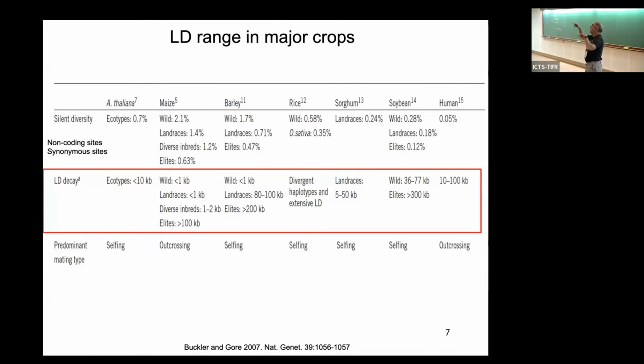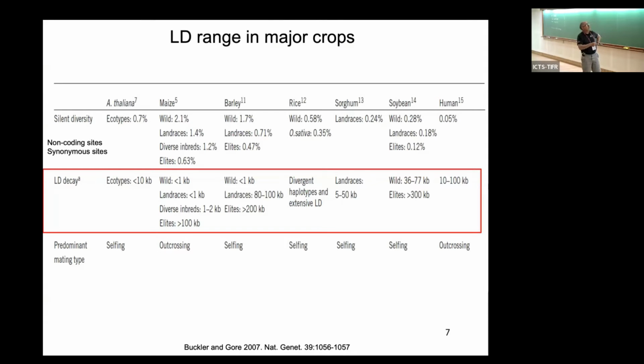Remember, 1 minus C to the T. If that T is short, then I have longer blocks of LD because I haven't had enough time to break things up. So, for example, let's look at maize over here. Landraces are simply wild populations. They have very large effective population sizes, long time back to common ancestor. Elite maize inbred lines are recent developments and trace back very quickly to a really recent common ancestor.